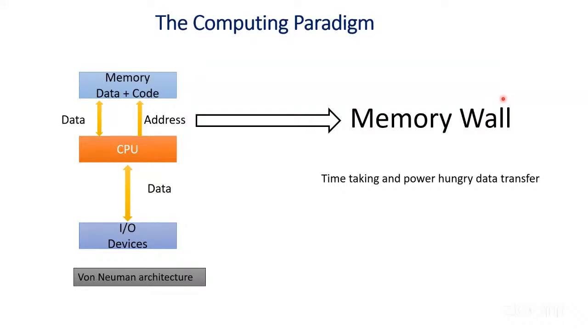Why is this problem important? Because of different reasons that I am going to tell you in the next slide. Because of the power consumption or sheer time-taking latency of this data transfer between the memory and the processing unit, it is very important that we change it.